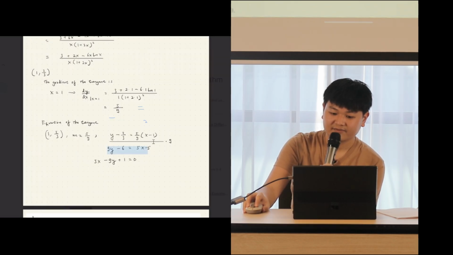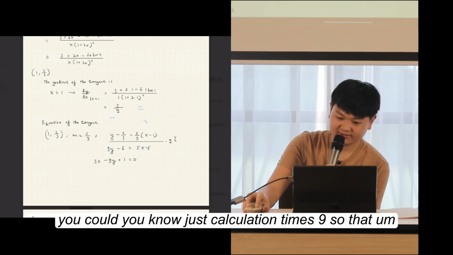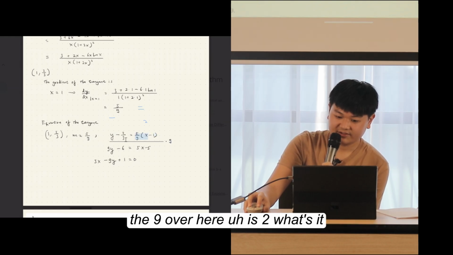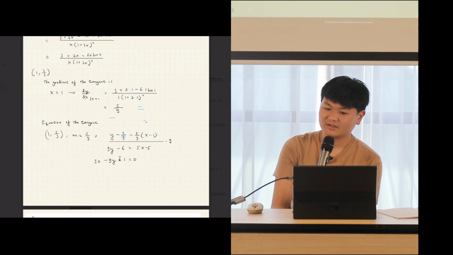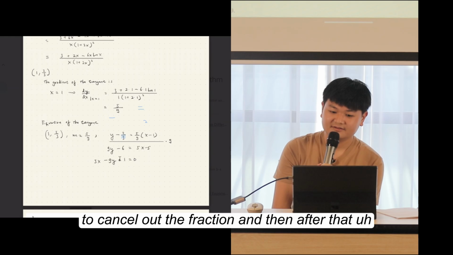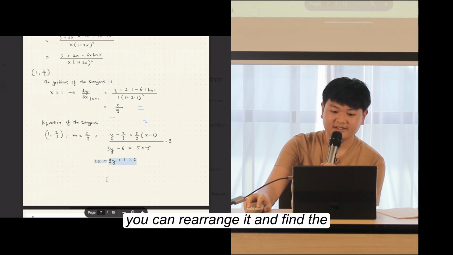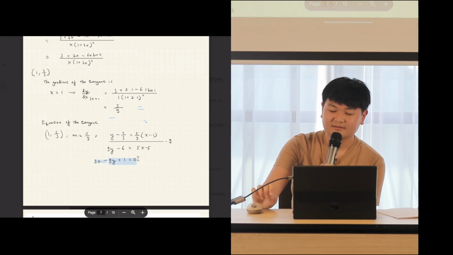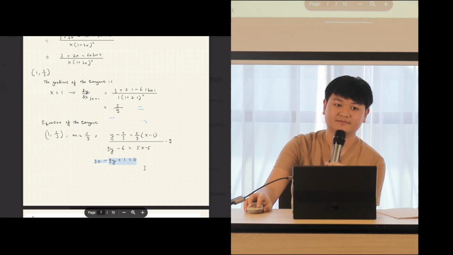You multiply by 9 to cancel out the fraction, and then rearrange it. The outcome is 5x minus 9y plus 1 equals 0, which is basically your answer.